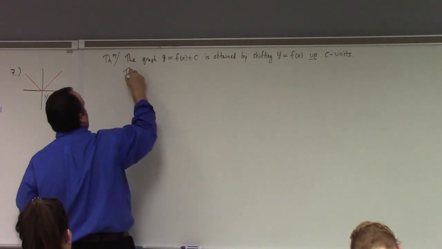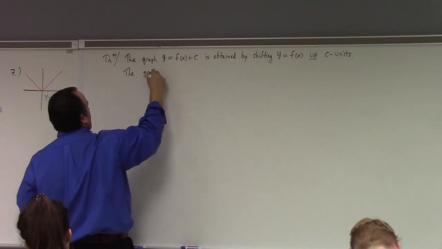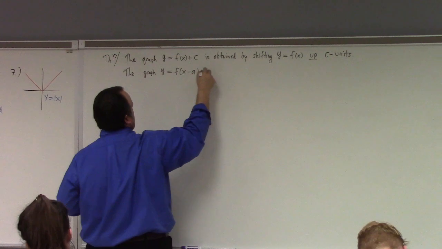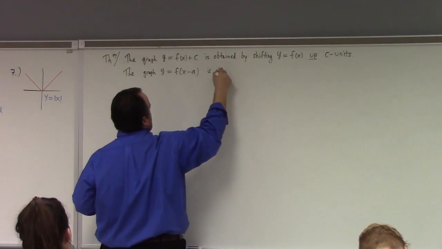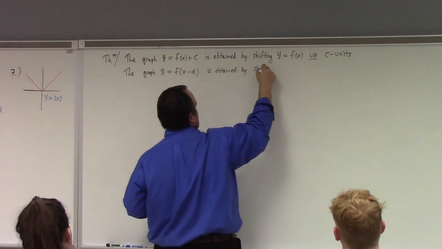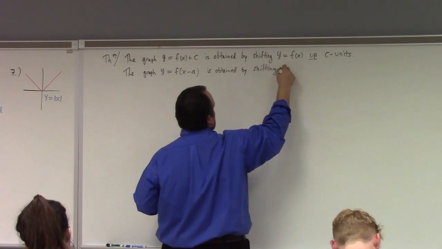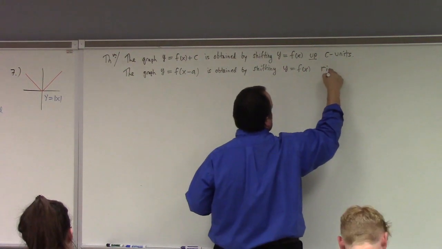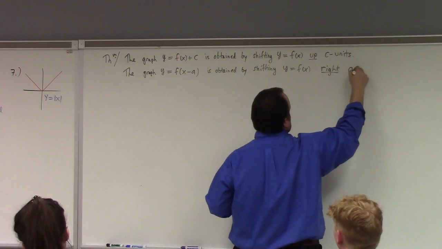Next, the graph of y equals f of x minus a is obtained by shifting y equals f of x right a units.